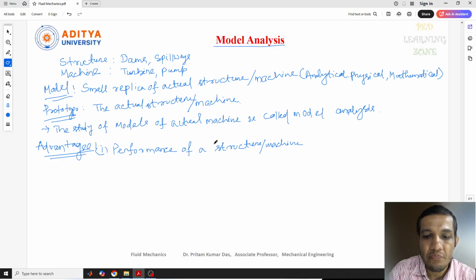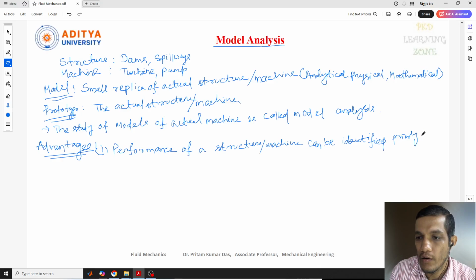That can be calculated or identified before going for the actual manufacturing or actual construction. So that can be predicted beforehand. The performance of a structure can be identified priorly. So initially we can identify the performance of the structure.